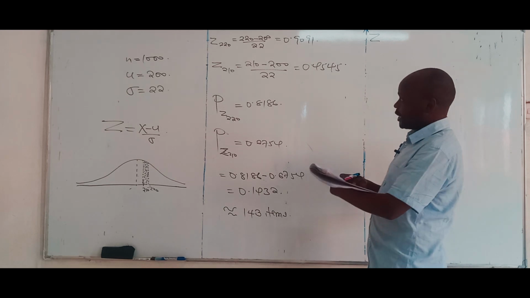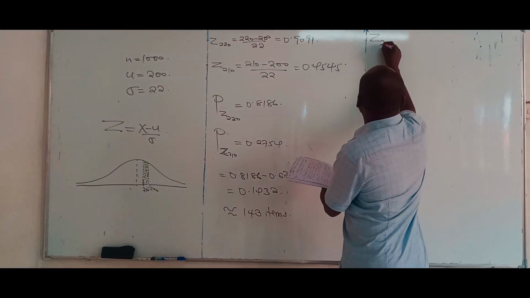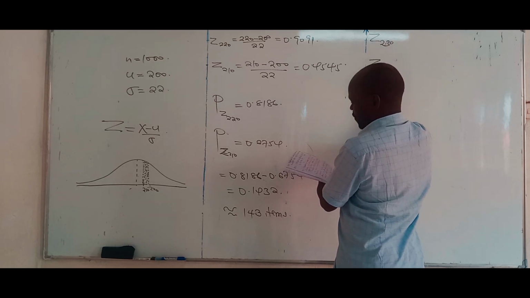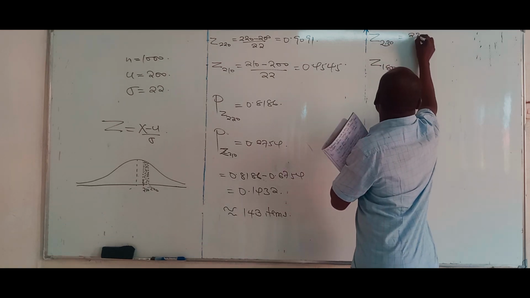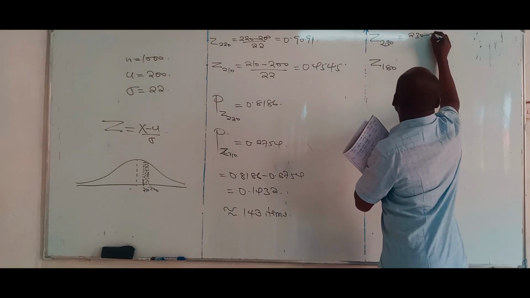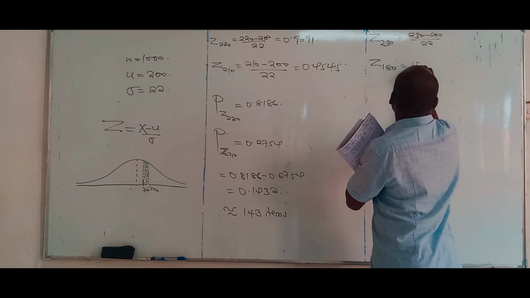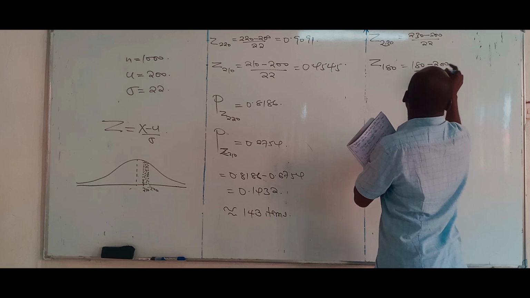So we need Z of 230 and Z of 180. This will be 230 minus 200 over 22, and this will be 180 minus 200 over 22.